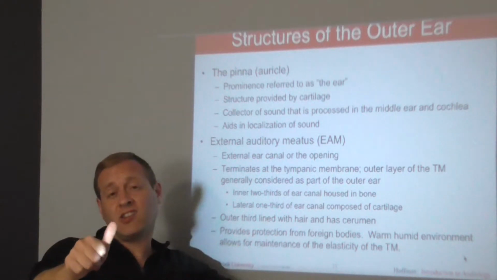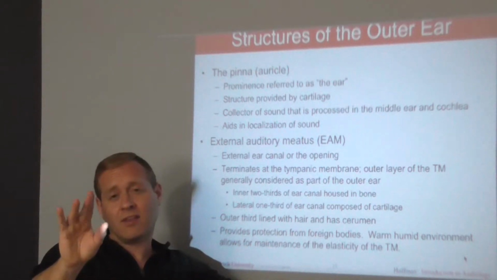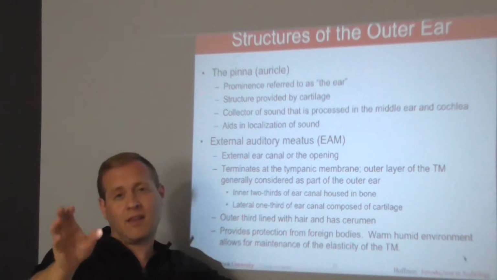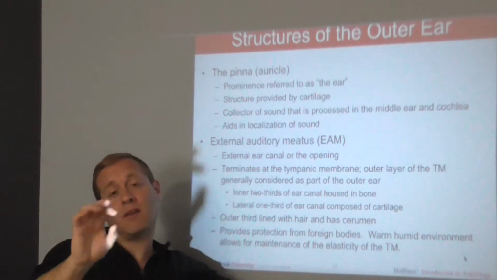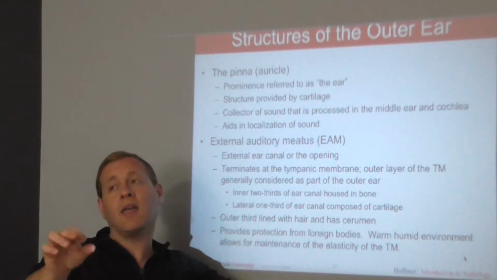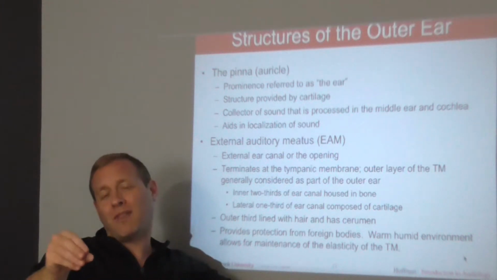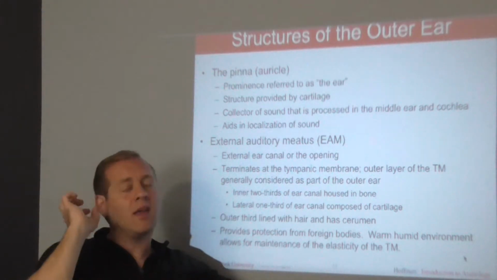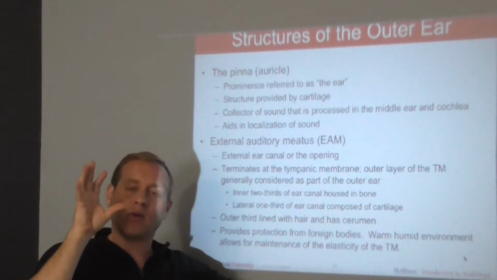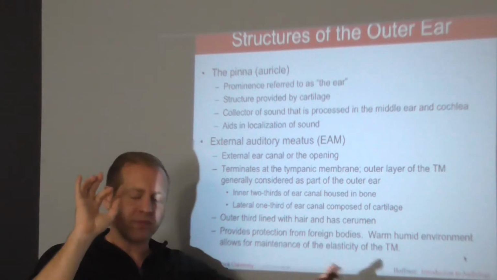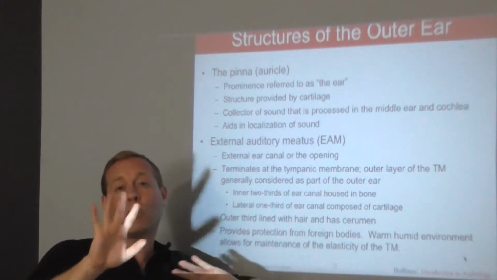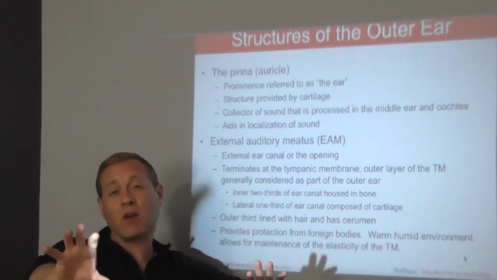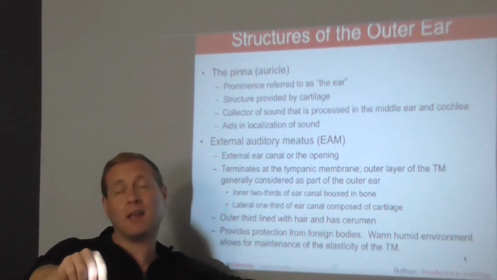Additionally, there are tiny little hairs in the ear canal that collect and block foreign bodies from getting further down the line, okay? It is also warm in there. It's a bit humid because of the cerumen and the hair cells. That actually allows for elasticity, or more movement of the tympanic membrane, because of that temperature difference and that humidity.